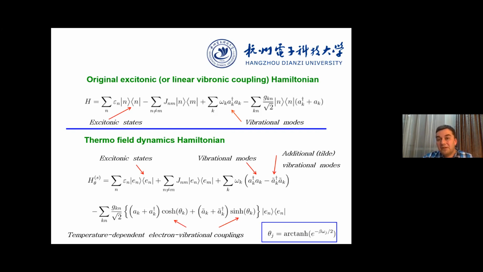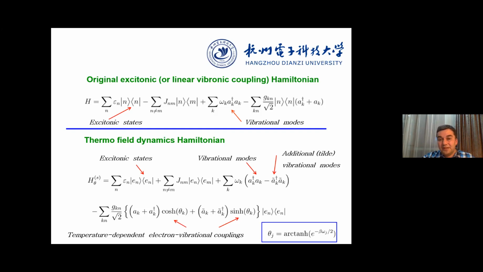So we can just get Franck-Condon factors depending on temperature, and you can try to do semi-classical dynamics with explicit temperature dependence and so on and so forth.